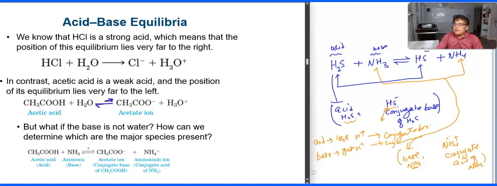It means that almost 95% of the acetic acid doesn't dissociate, but 5% dissociates, meaning the equilibrium is always at the left, where the reactant is. But in this case, everything dissociates, 100% dissociates. That's why the equilibrium is at the right.